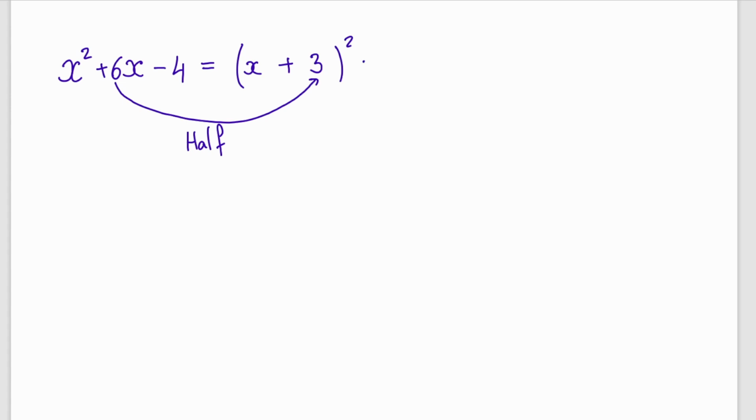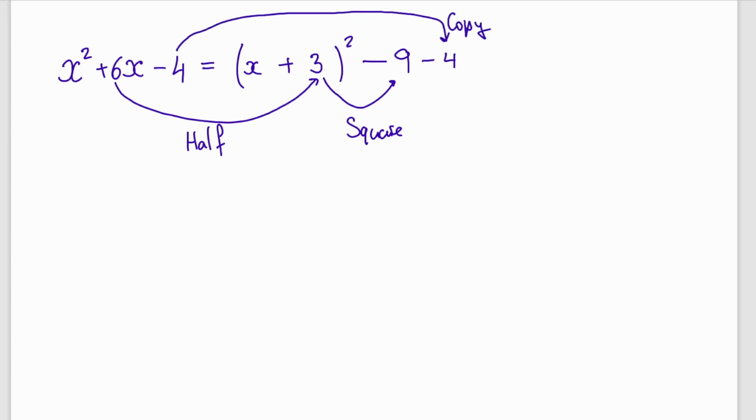Now don't forget, outside of the bracket, we need to square 3, which is 9, and then we can just copy -4. And now simplify: x plus 3 squared, and then -9 minus 4 would be -13. And we're done.